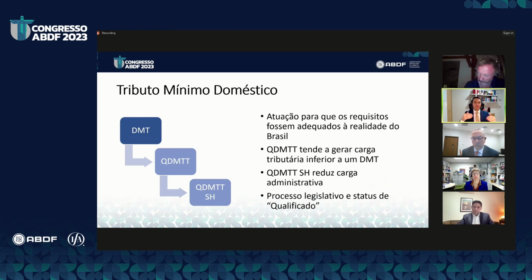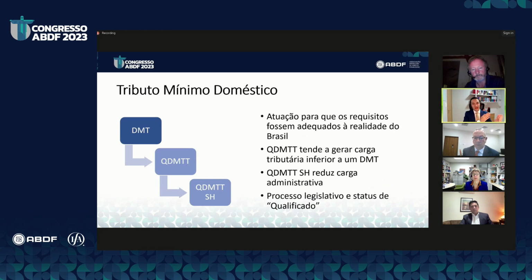E eu tenho também a possibilidade de adotar um QDMTT, ou seja, elaborar um tributo mínimo doméstico que espelhe as regras Globe e que esteja desenhado para que os grupos multinacionais possam se enquadrar para fins de safe harbor.